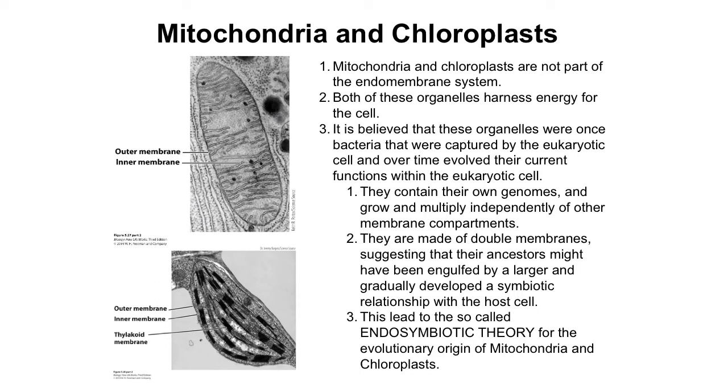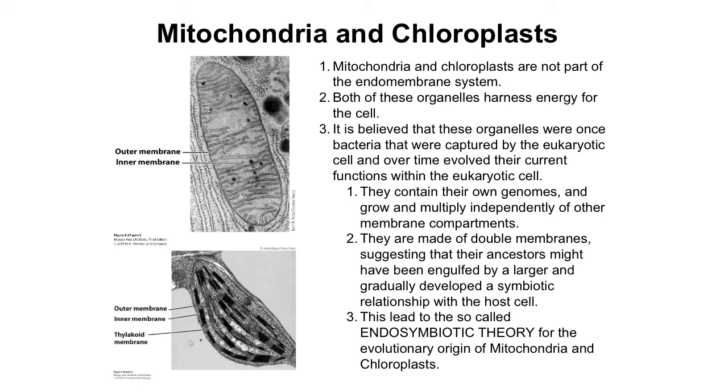Intriguingly, they also grow and multiply independently of other membrane compartments. As I've said, they are not part of the endomembrane system. They're very distinct from them. Also, they are made of double membranes, suggesting that their ancestors might have been engulfed by a larger cell and gradually developed a symbiotic relationship with that host cell.